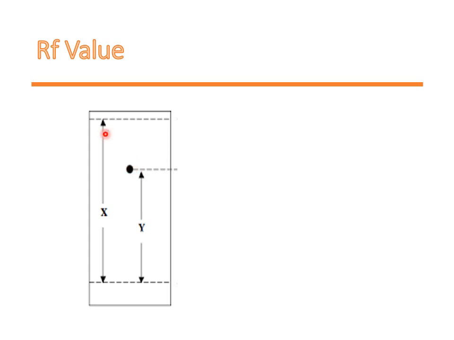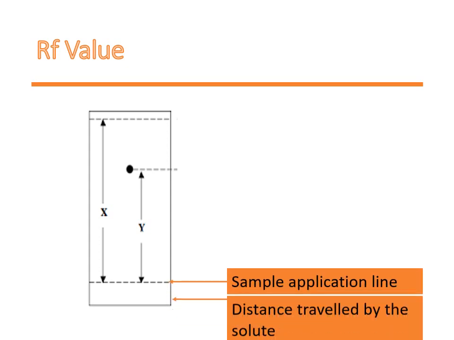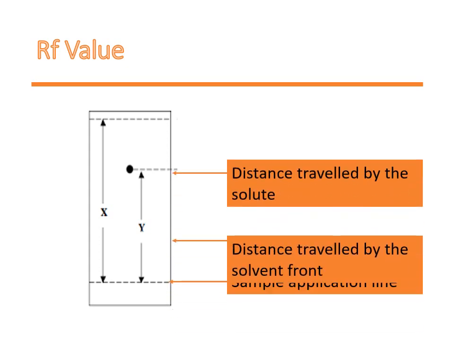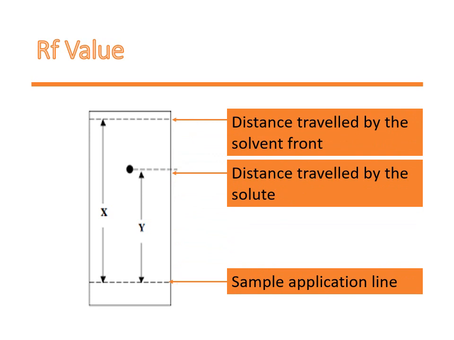Now the distance x is the distance travelled by the solvent front from the line of application, and distance y is the distance travelled by the component or the solute. In this case, the RF value is calculated by the formula: distance travelled by solute divided by distance travelled by the solvent front. Thus, in this diagram, the RF value will be given as Y upon X.